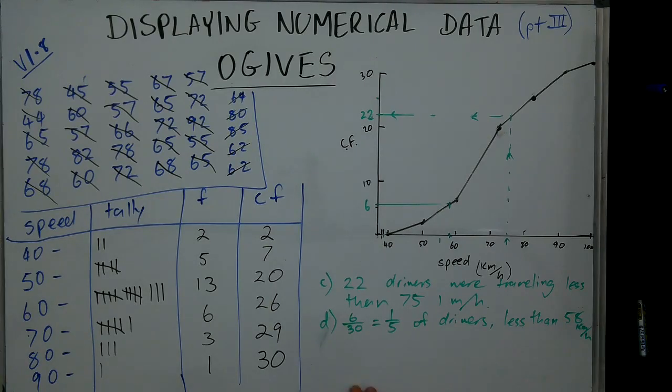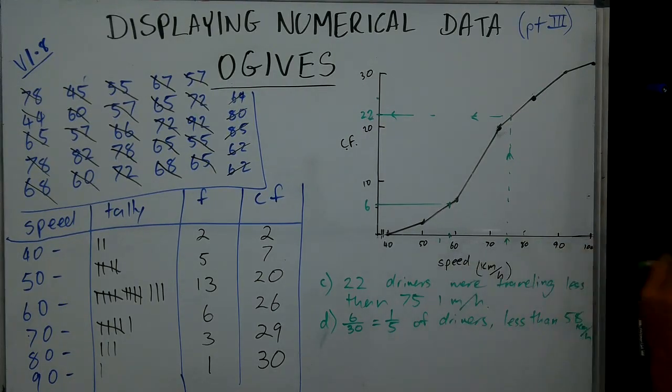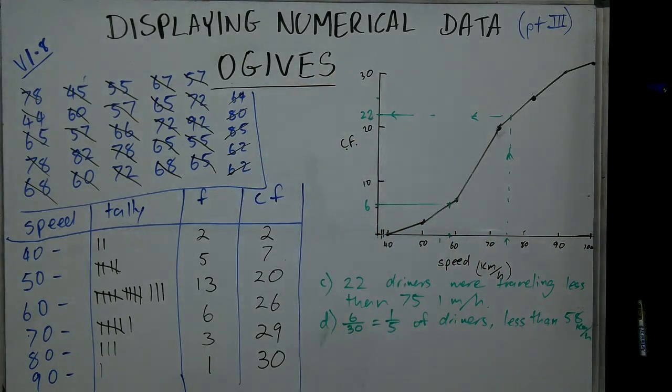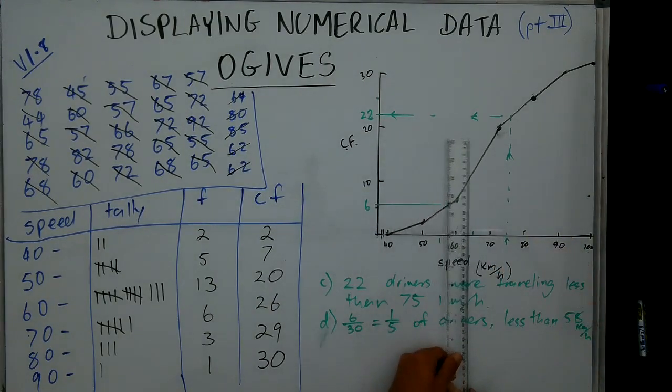Question E, how many of the vehicles were travelling at a speed more than 65? Because we're looking at speeds above a certain amount, we're going to have to work out how many were less than, and then take that away from the total. So 65 is going to be right in the middle of those.